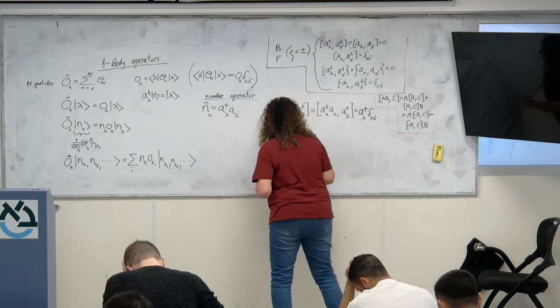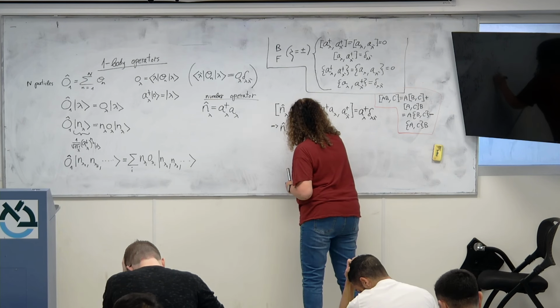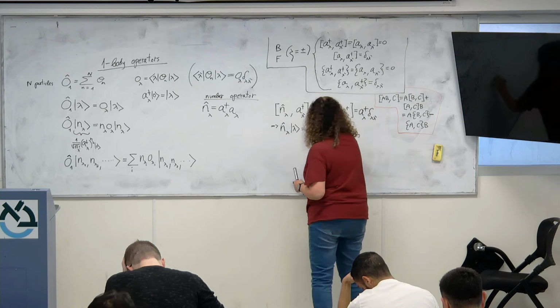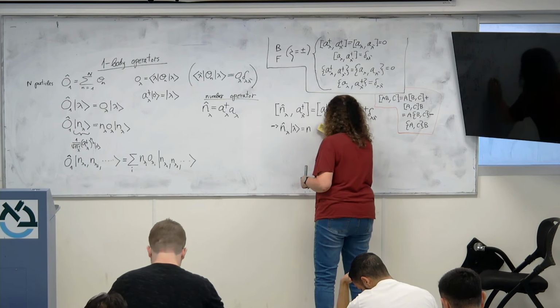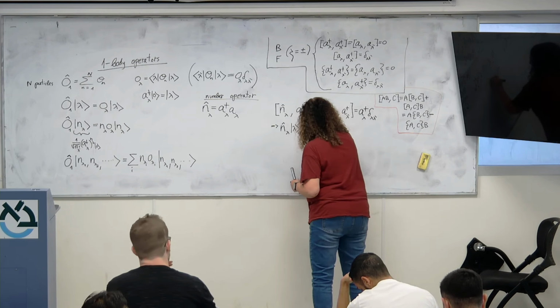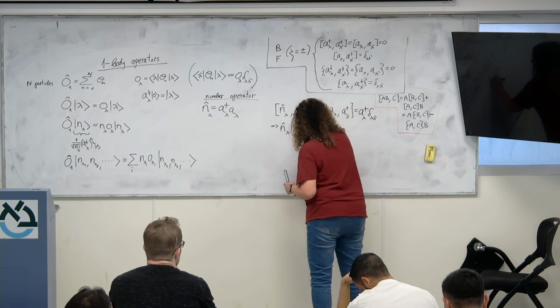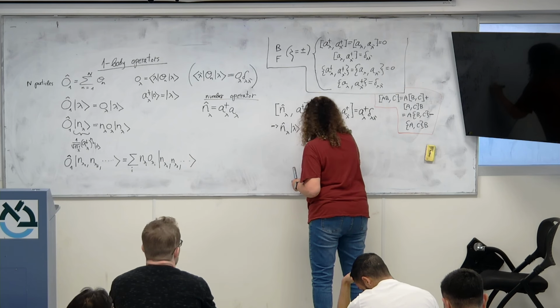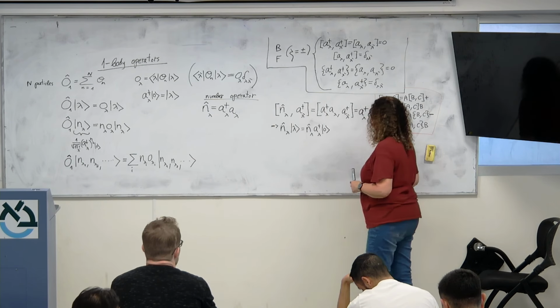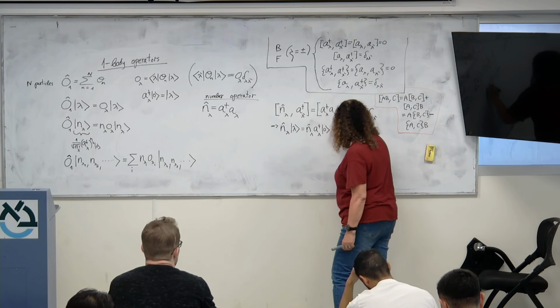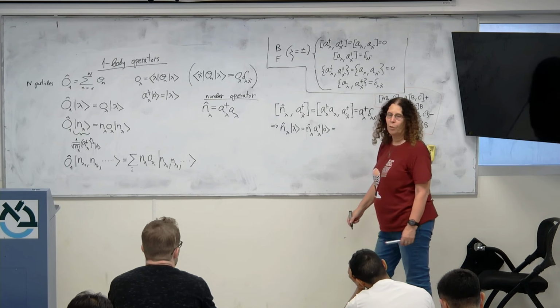If I apply this number operator n_λ on the state that contains only one particle at the state λ, I get n_λ acting on a_λ† |0⟩.